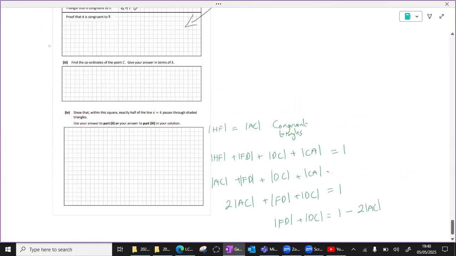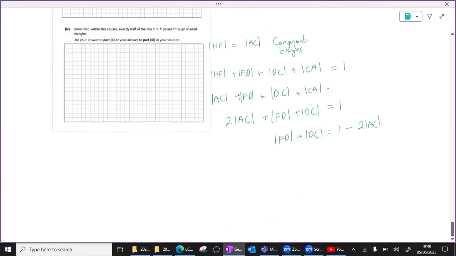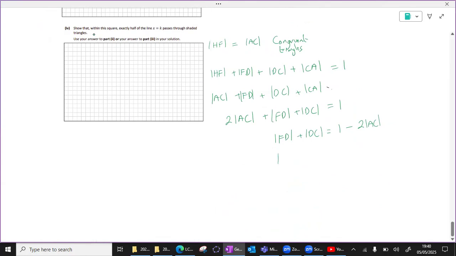So the last 2 remaining, F to D and D to C, if they're also the same, then that's like saying FD plus FD equals 1 minus 2 AC, and 2 FDs equals 1 minus 2 ACs.